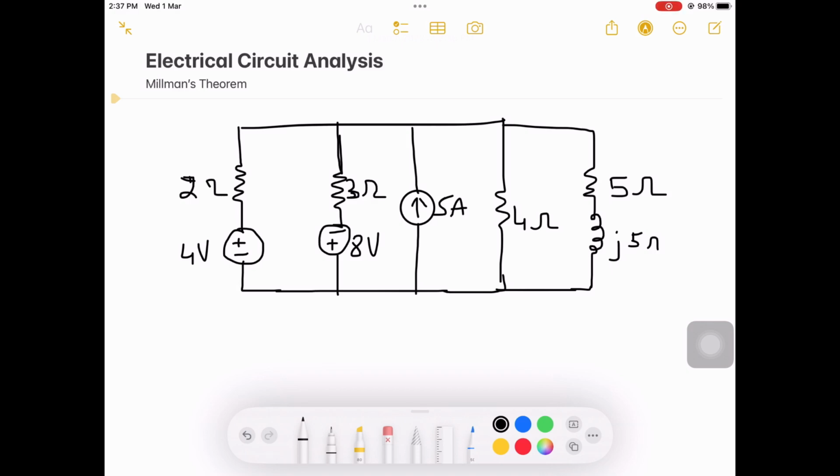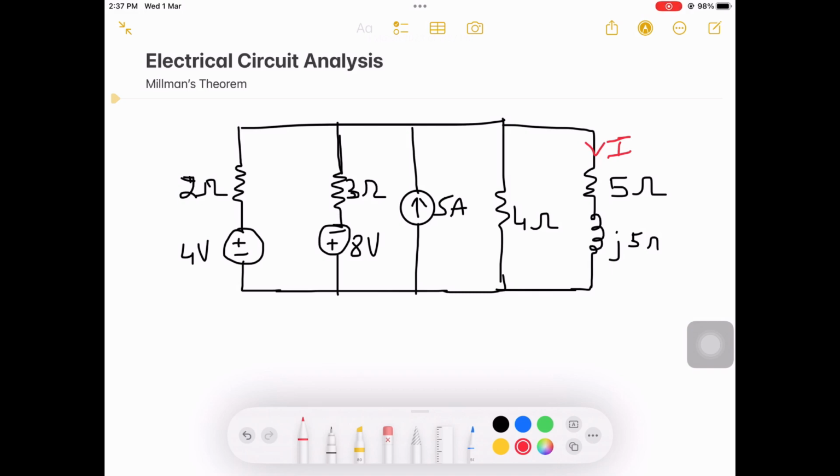This is the given circuit, where I need to determine the current I through this branch, through the 5 ohm resistor and j5 ohms, using the Millman's theorem approach.